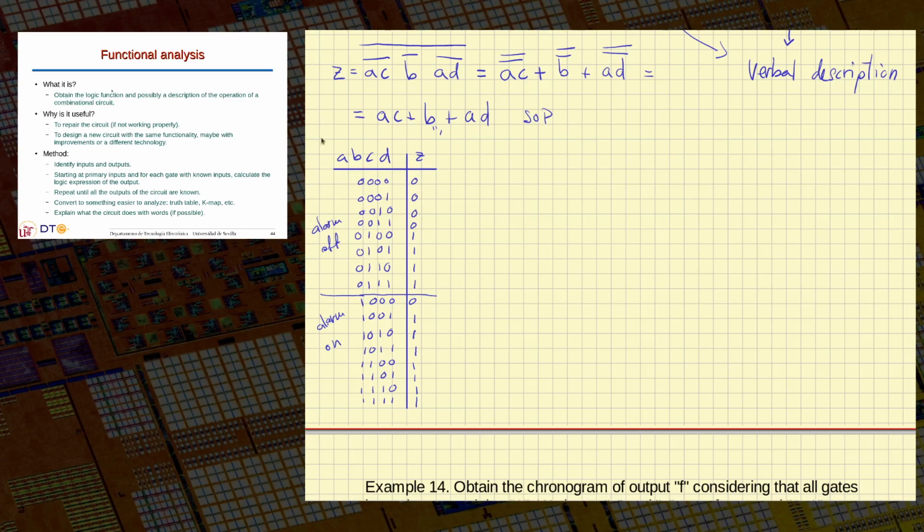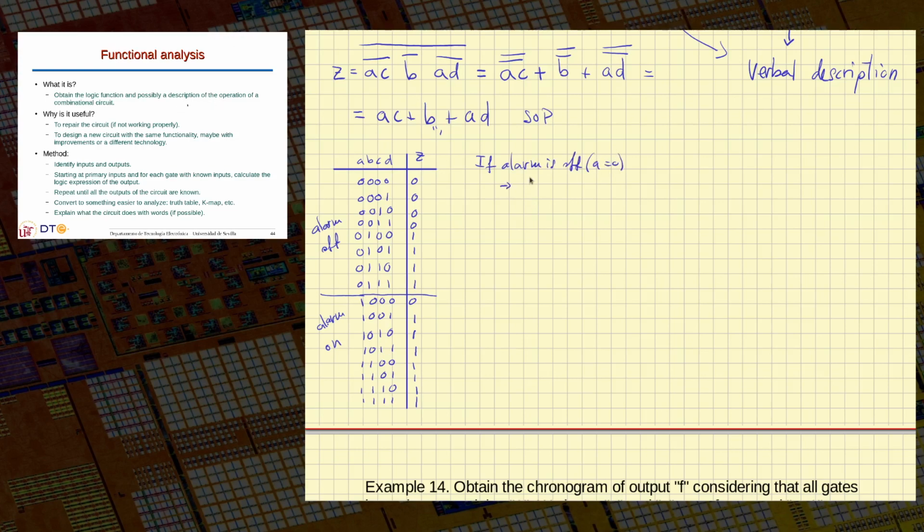Okay, let's put them a bit closer, so they are easier to identify. So I can express like that. Okay, if alarm is off, it means A equal to 0.